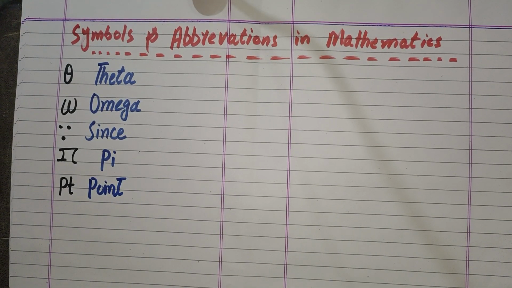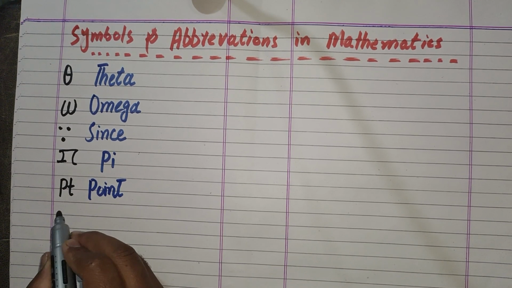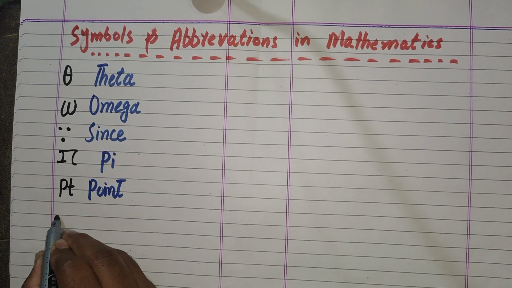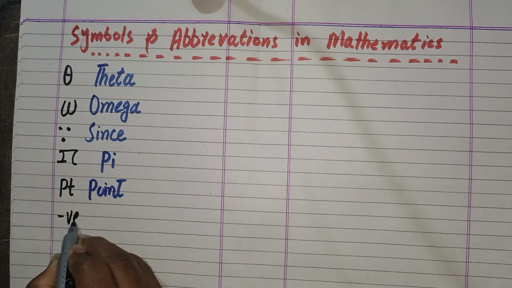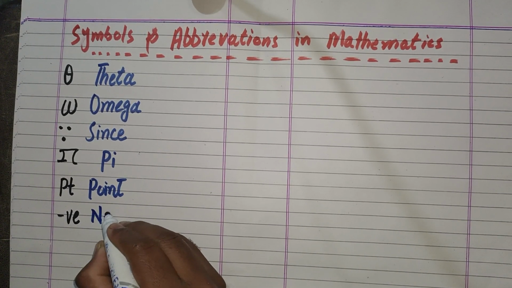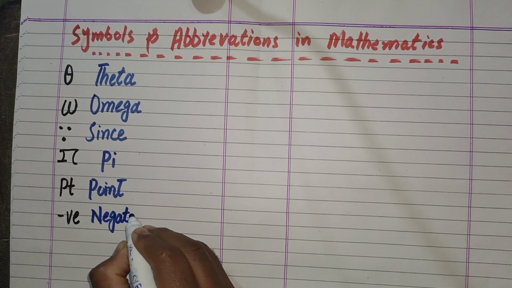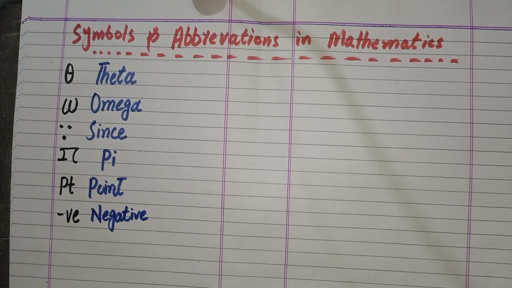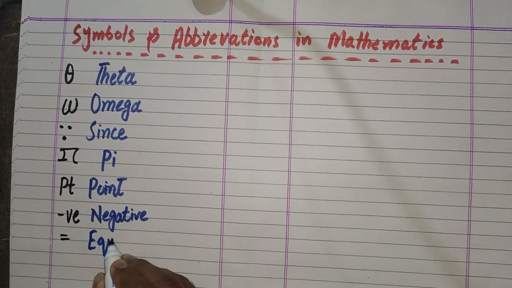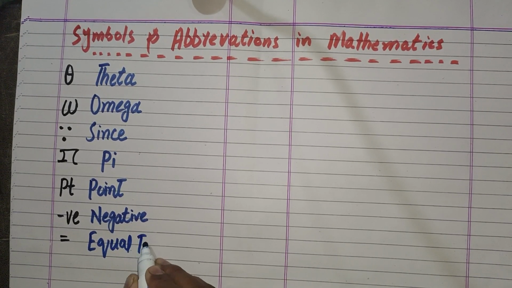Now, one of the common signs means negative. The most common of all is equal to.